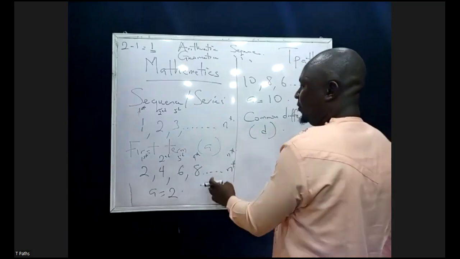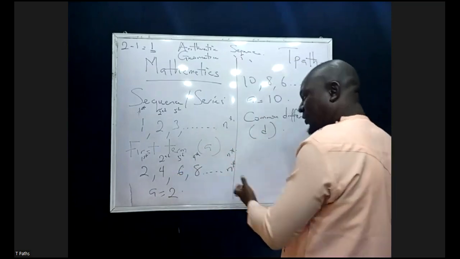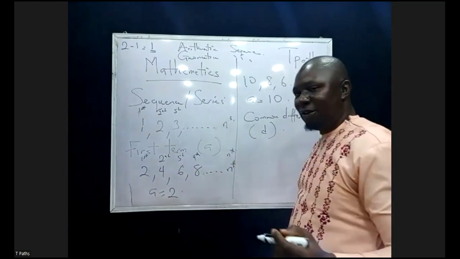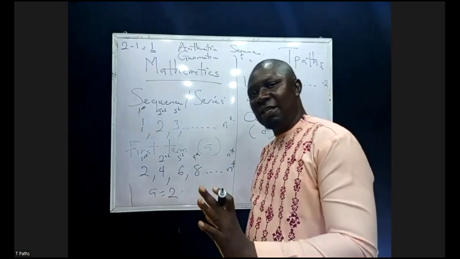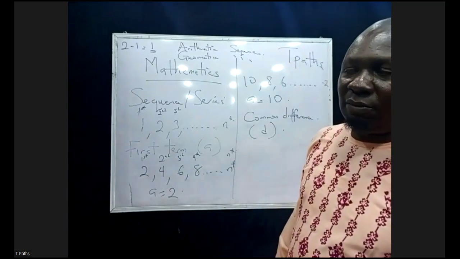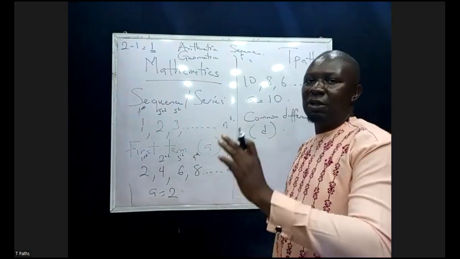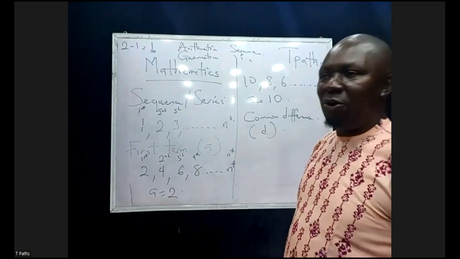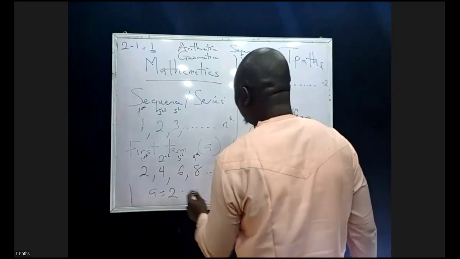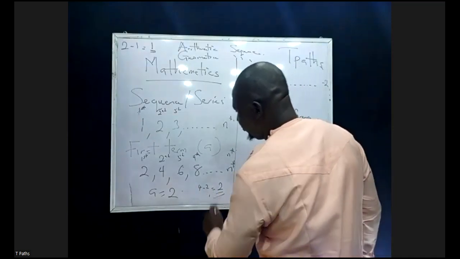Now for an arithmetic progression, the common difference is the interval between the second and the first term, or the difference between the third term and the second term, or between the fourth term and the third term. For 2, 4, 6, 8, the common difference is 4 minus 2, which gives you 2.